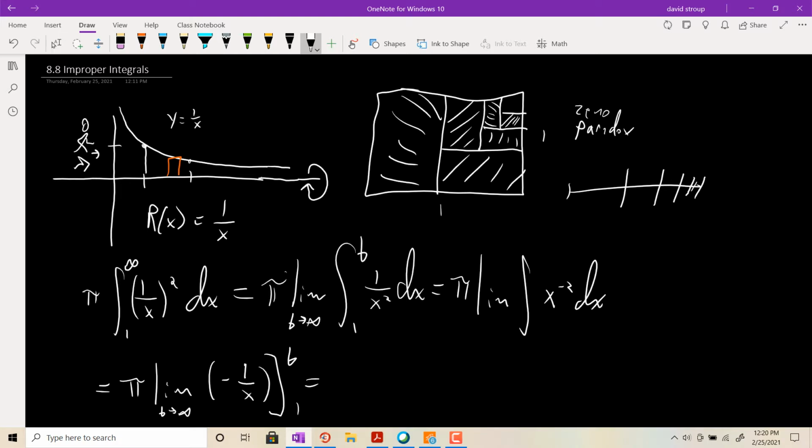Evaluating means plugging in the b and the 1 into the antiderivative, so you get negative 1 over b.